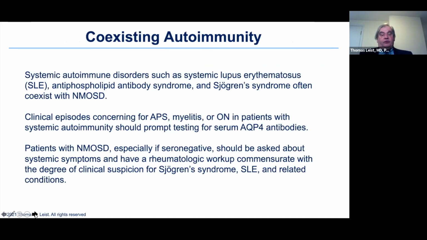Autoimmunities that sometimes go together are lupus and Sjogren's disease. Lupus is the condition where the skin can be involved, the kidneys can be involved, and other conditions need to be ruled out in such individuals.